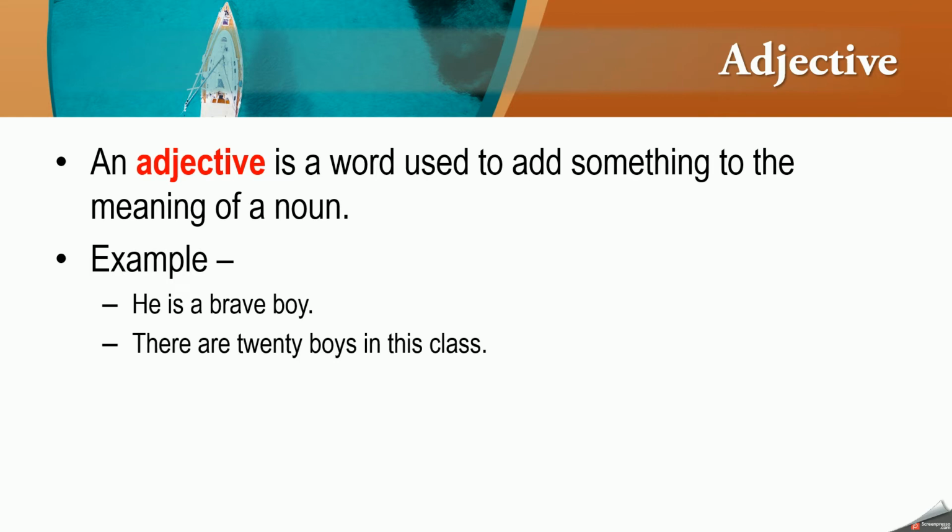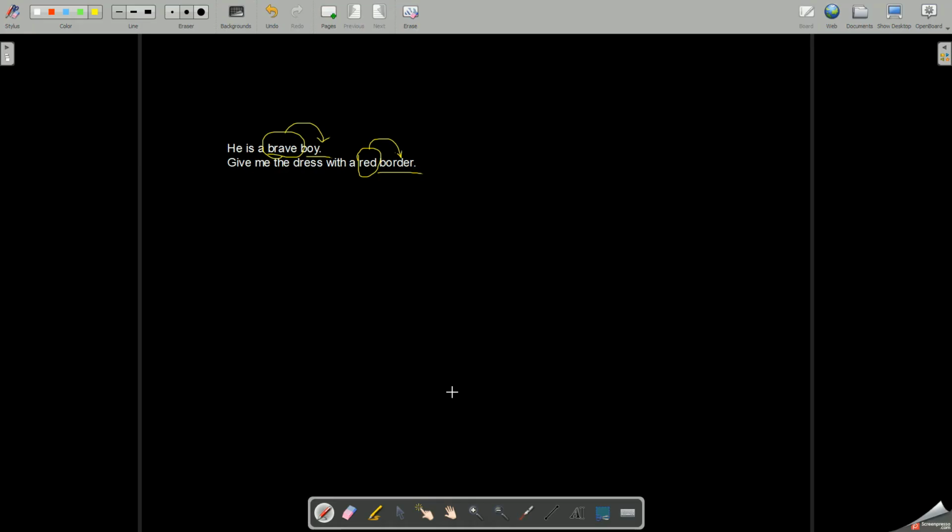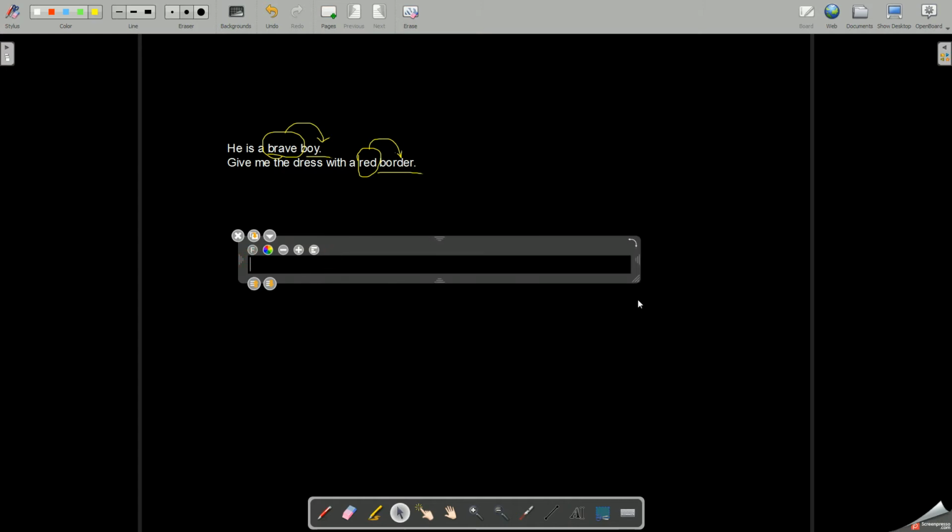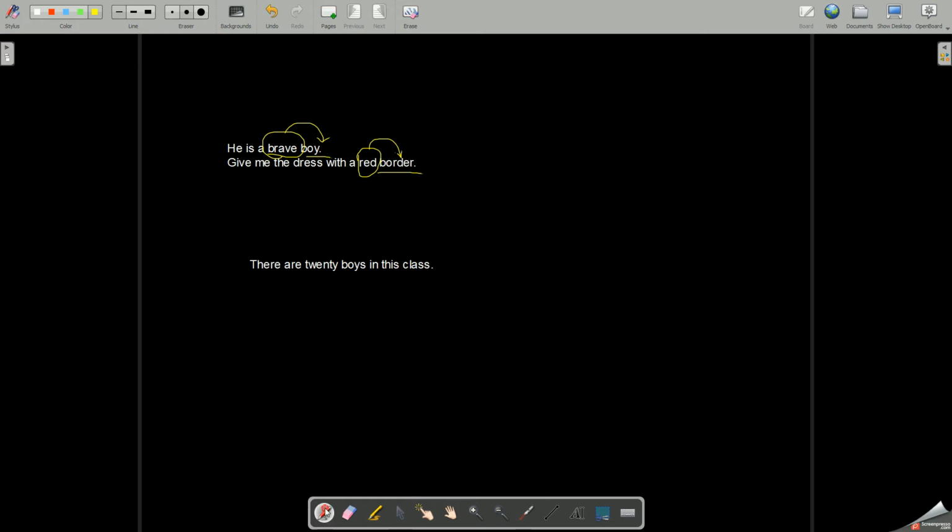There are 20 boys in this class. So we'll see this. When we talk about this, you can see 20 is the adjective. How many boys? There are 20 boys. So normally we will be covering the different types of adjectives. There are many different types of adjectives.